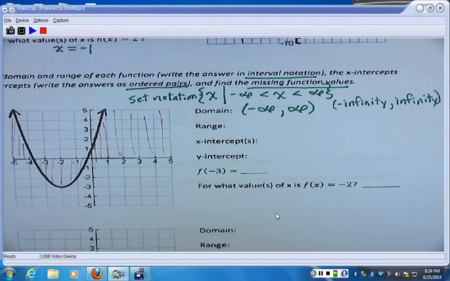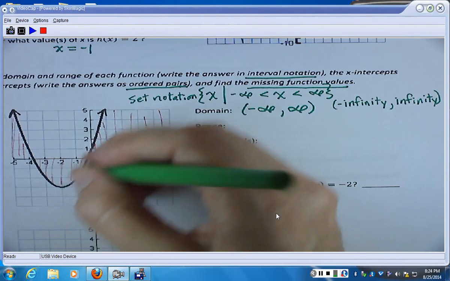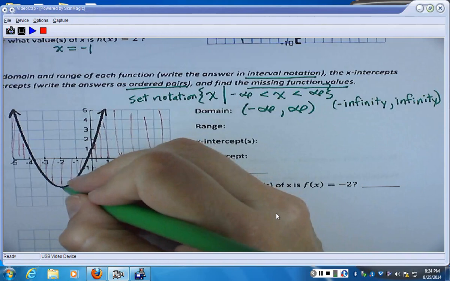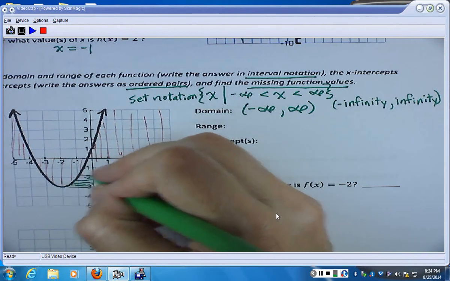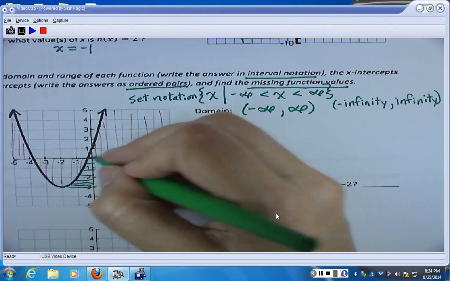All right, and range. Okay, so you're going to project the function to the y-axis.